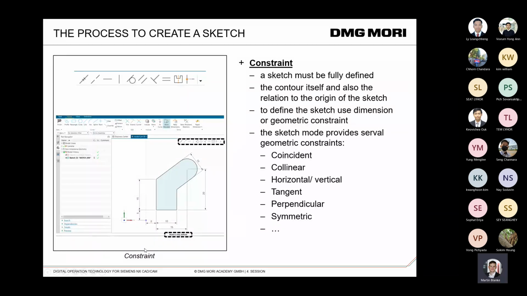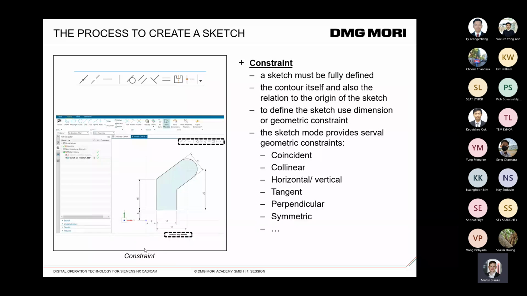And then you have the opportunity to use several geometrical constraints. For example, coincident, collinear, horizontal, vertical, tangent, or something like symmetric. These are also extremely powerful tools, and today we want to take a closer look at these constraints as well.